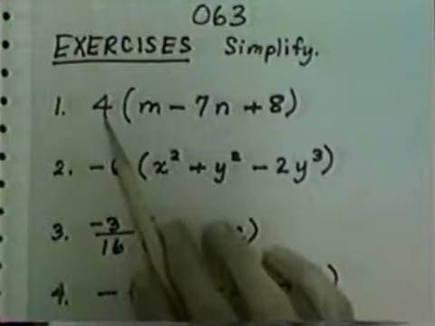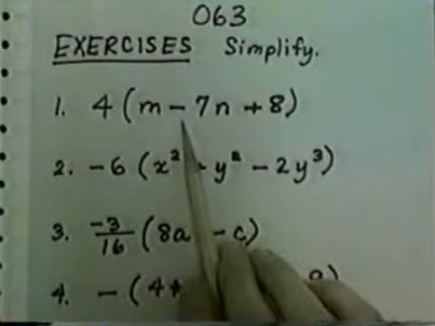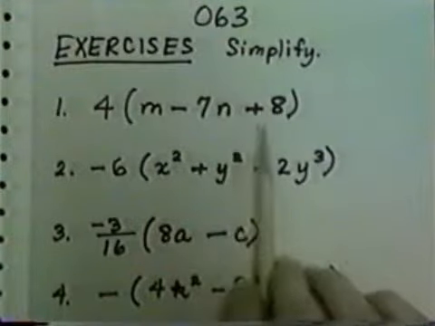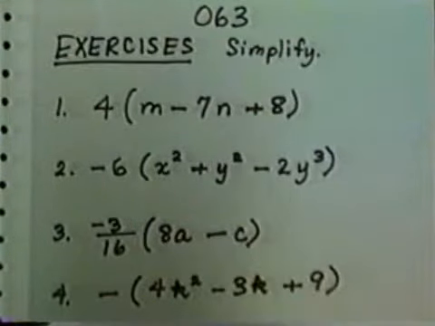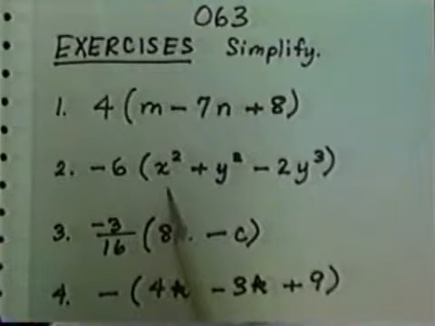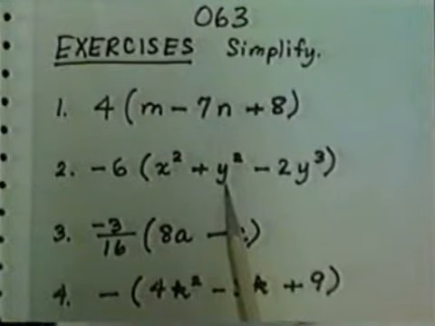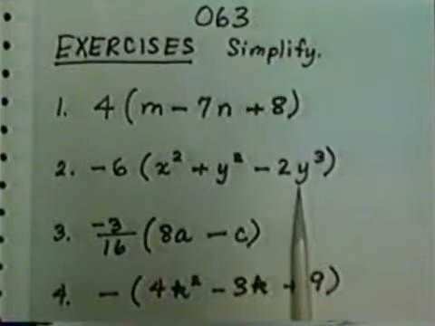Exercise 1, 4 times the expression m subtract 7n add 8. Exercise 2, negative 6 times the expression x squared plus y squared subtract 2y cubed.